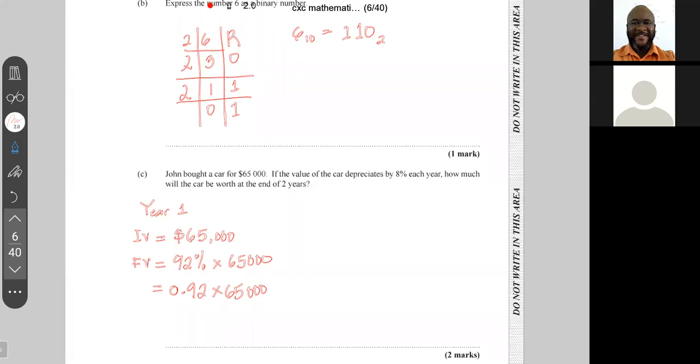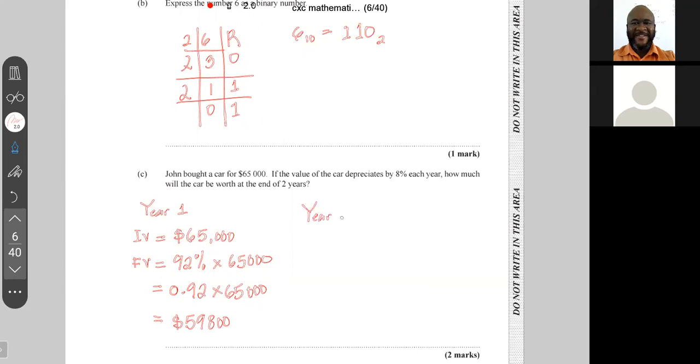This is 0.92 times 65,000. All right, and I'm seeing 59,800. So the value of the car at the end of the first year is 59,800.